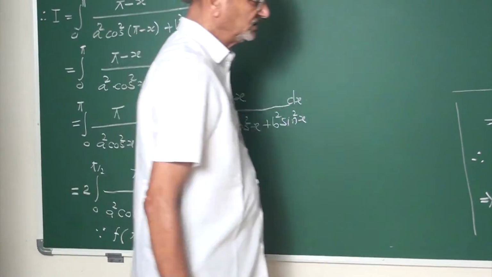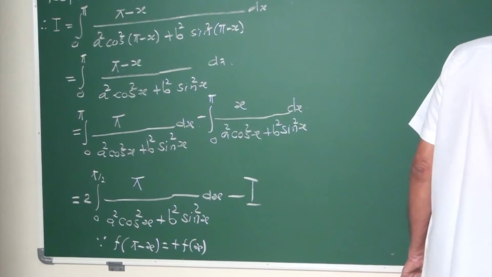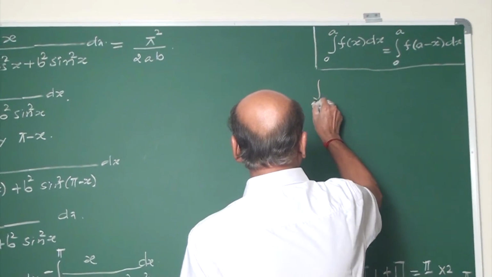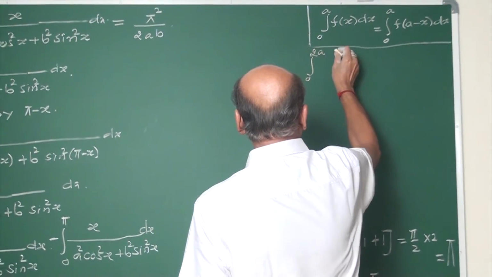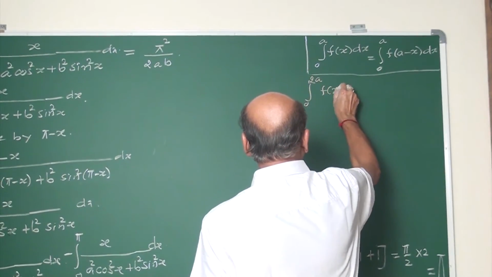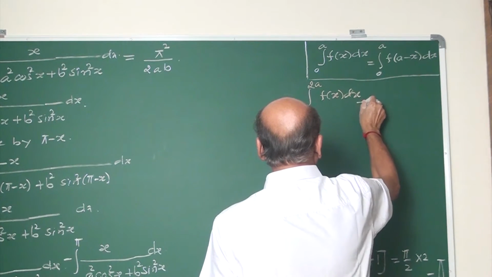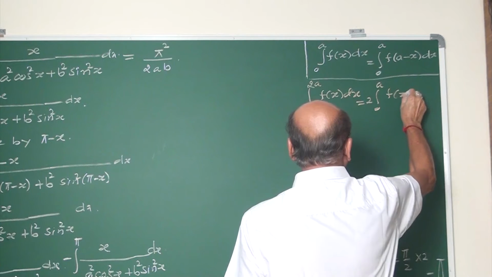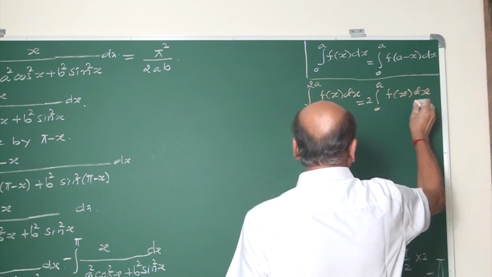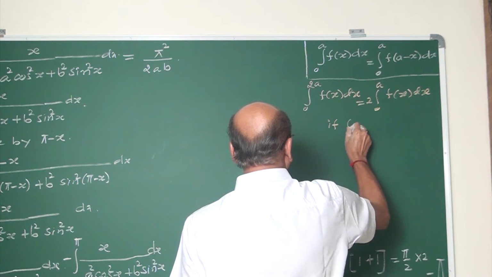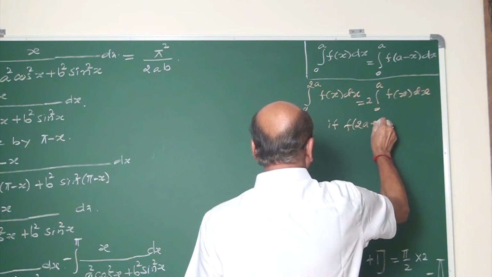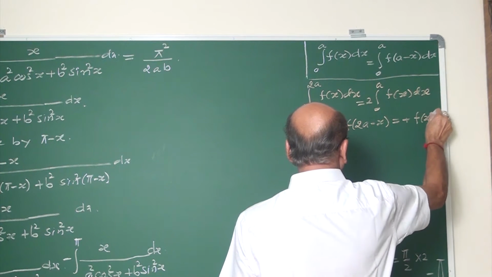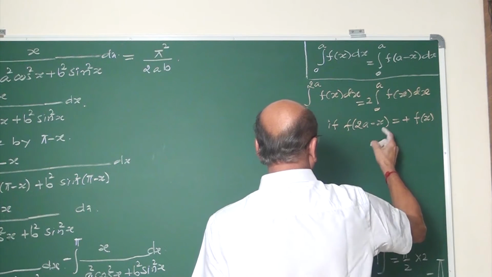My friend, this theorem: integral 0 to 2a fx dx equals 2 times integral 0 to a fx dx if f of 2a minus x equals plus fx.